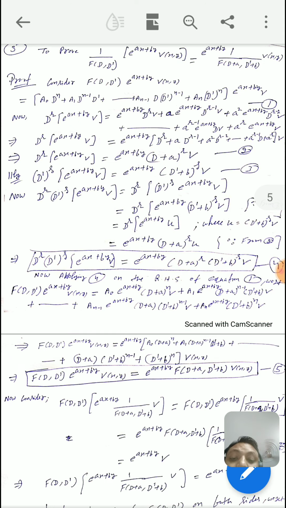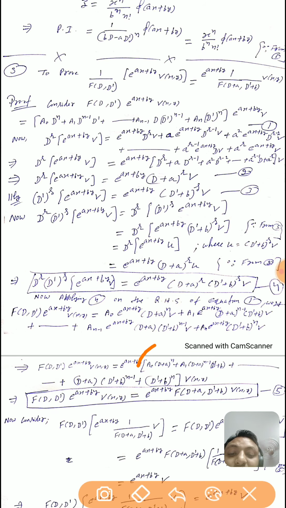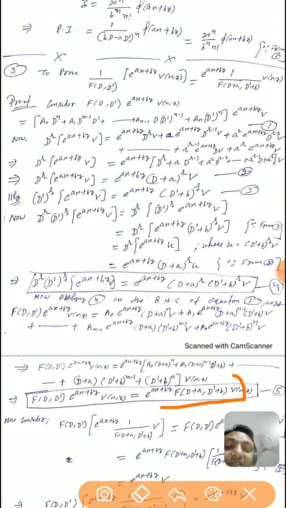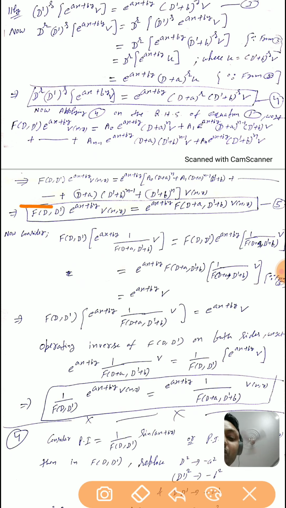So now this equation, starting from here and ending here, is nothing but replacing D by D plus a and D dash by D dash plus b in f of D, D dash. So it can be written as f of D plus a comma D dash plus b. So now we get this result, say equation number 5.